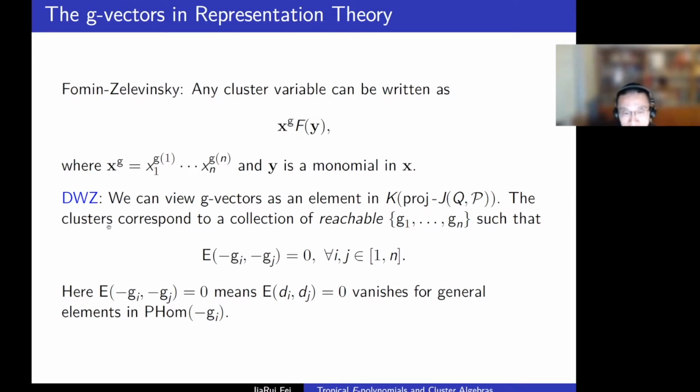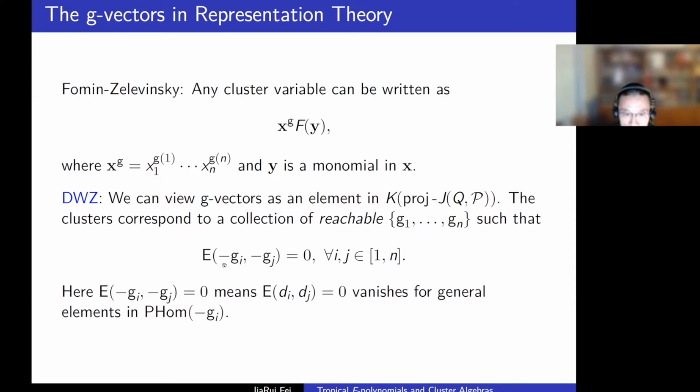Recall that a cluster will have n different variables, so each one would have a g-vector corresponding to it. But here is a technical condition. But most important is this condition.